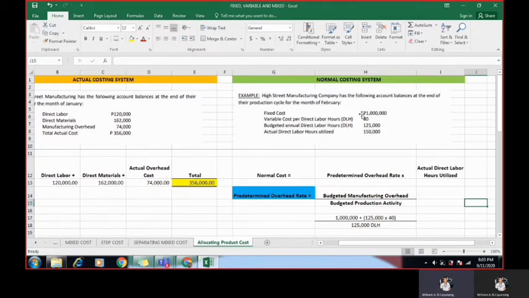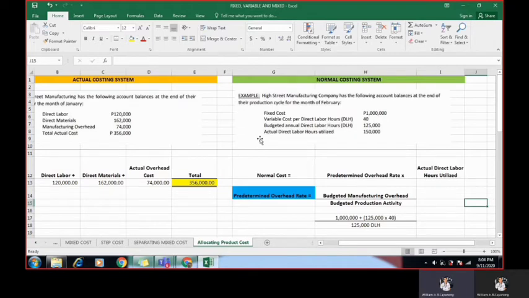So, ano ba yung concept ng normal costing? Now, here it is. This method requires the cost of direct materials and direct labor to be charged to the job. Under this system, the manufacturing overhead applied to production differs in the sense that a predetermined overhead rate is used in computing for the amount of overhead charged to the job.